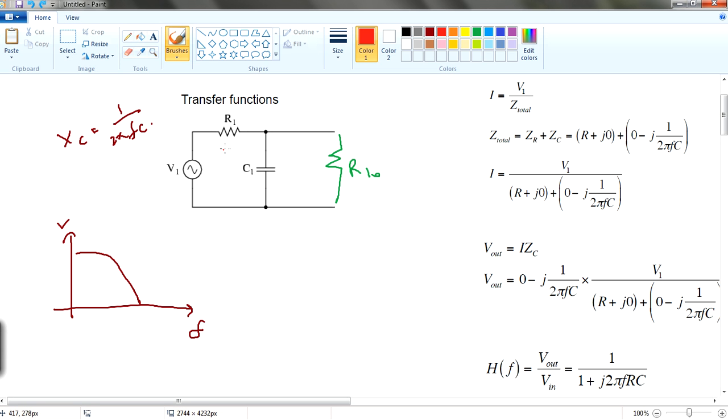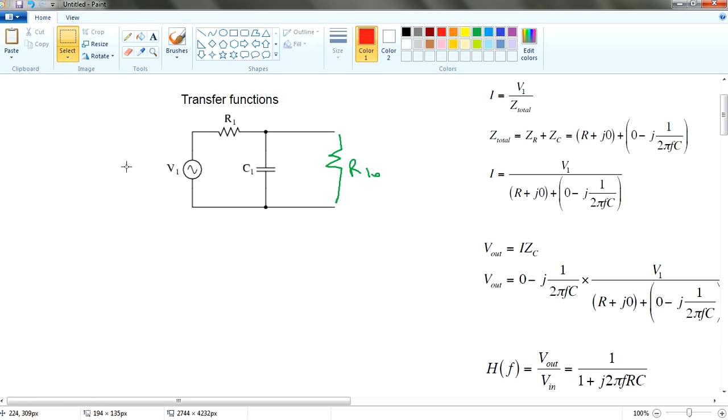So at high frequency your voltage is 0, because there is no voltage flowing through the side. Every voltage flows through here. This is a high pass filter because it filters out all the high frequency. This is the key thing.